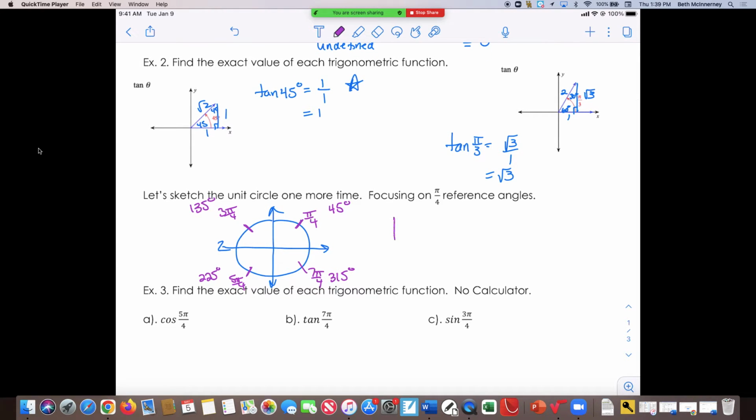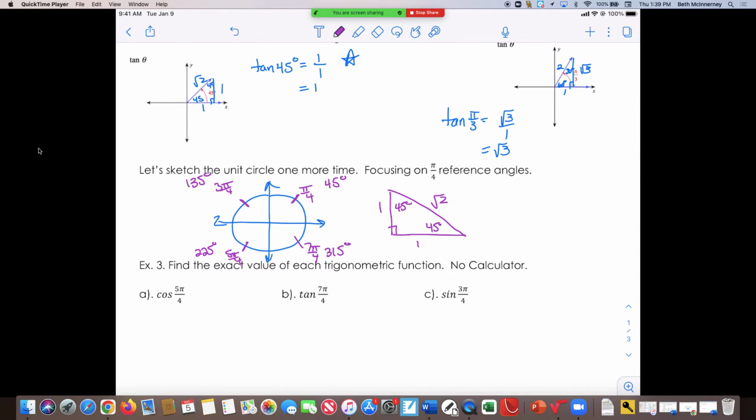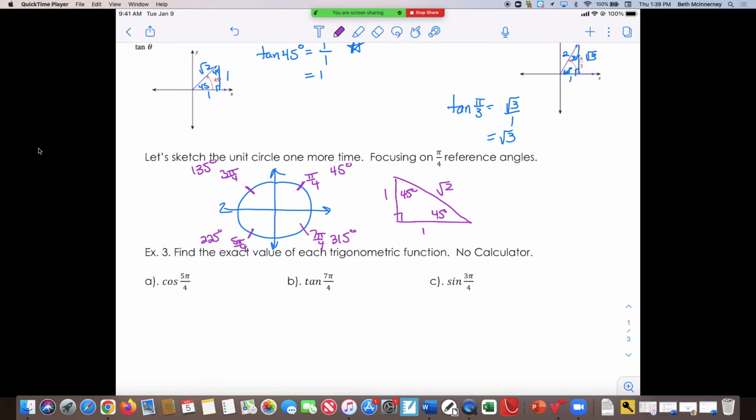And so the big idea here: in a 45, 45 right triangle, it goes 1, 1, square root 2. So anytime you see an angle with the pi over 4, assuming it's reduced, it's not 6 pi over 4, but a 1, 3, 5, or 7, what you're going to do is, for cosine 5 pi over 4, that is the third quadrant.